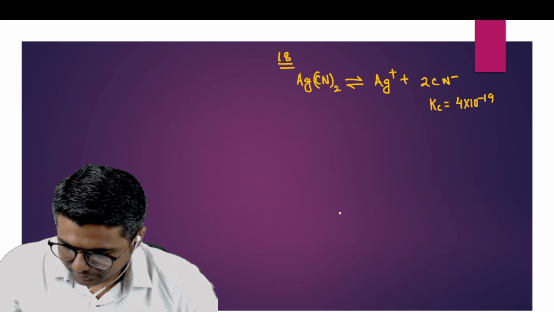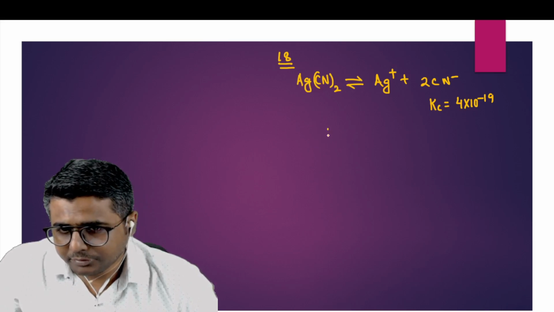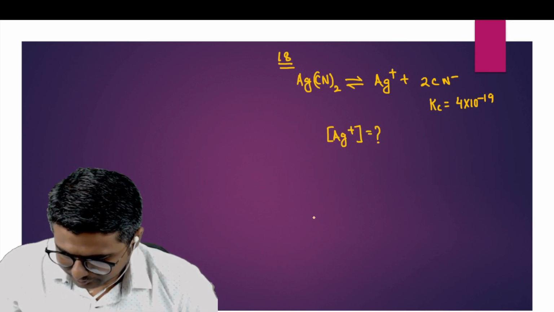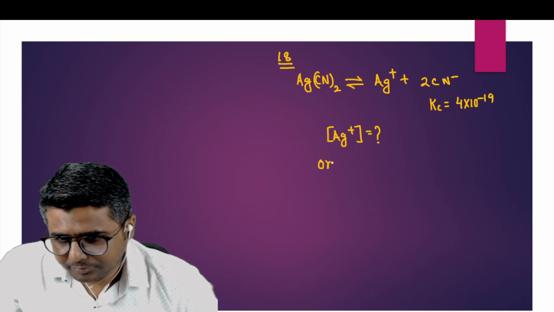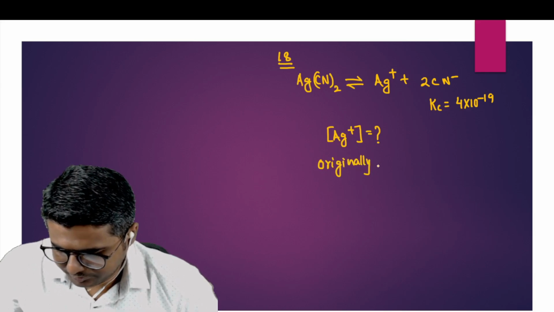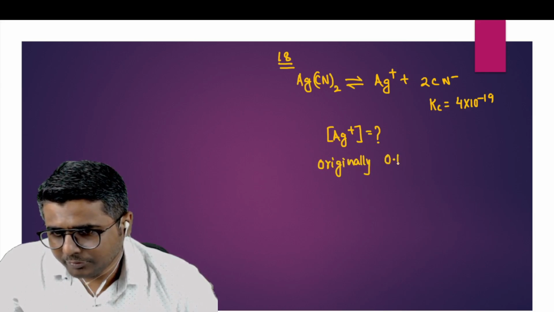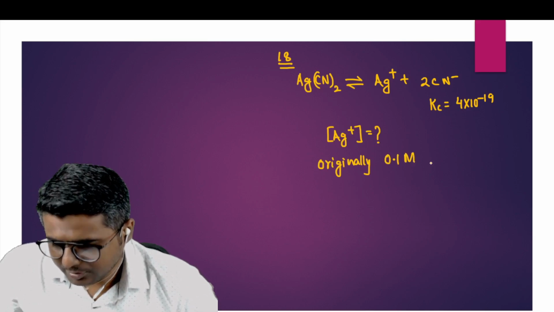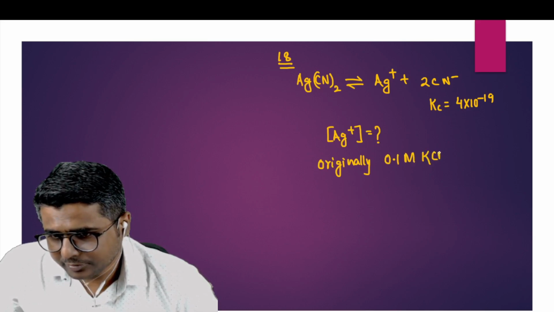Silver ion concentration has to be found out. Originally 0.1 molar KCN was there and 0.03 molar AgNO3 was there.